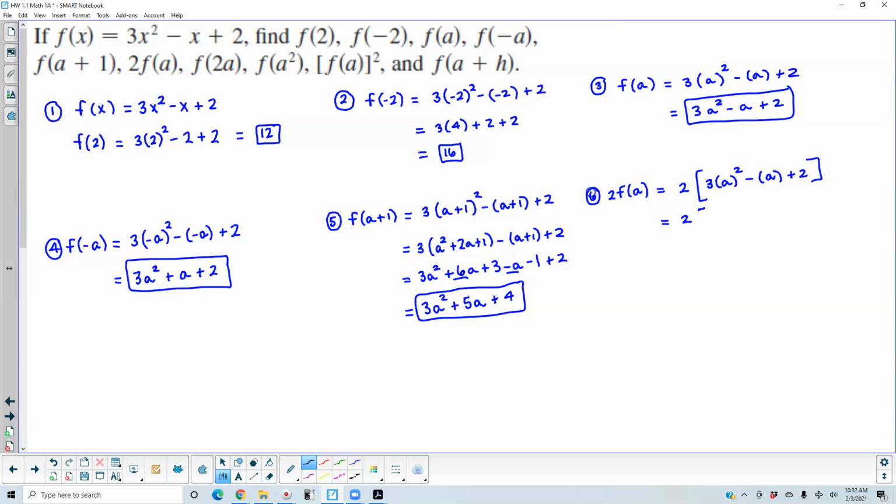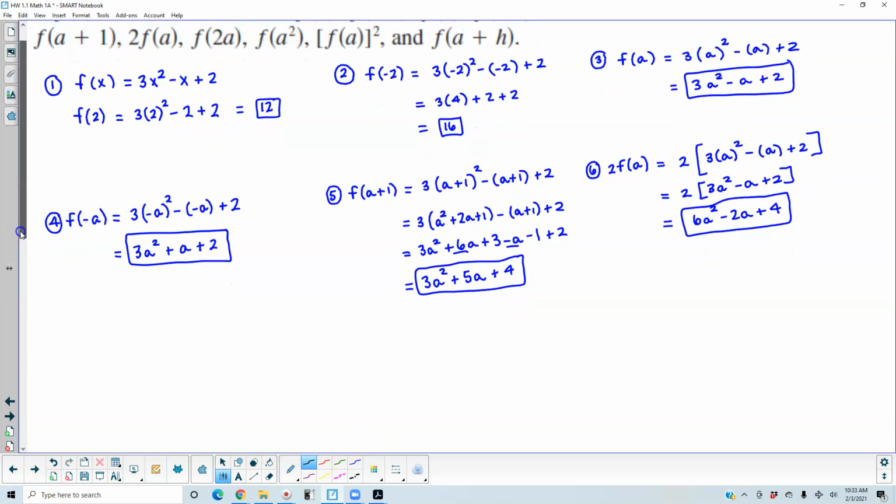So that's 2 times 3a squared minus a plus 2. And then distributing the 2 to all 3 terms, 2 times 3a squared is 6a squared. 2 times minus a is minus 2a. And 2 times 2 is 4. So we have 6a squared minus 2a plus 4.